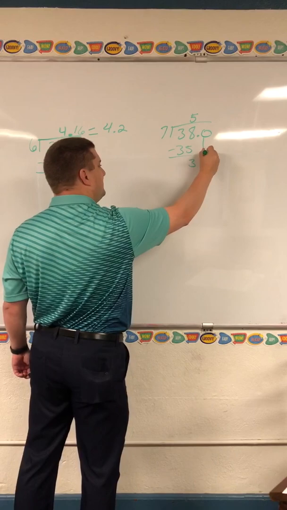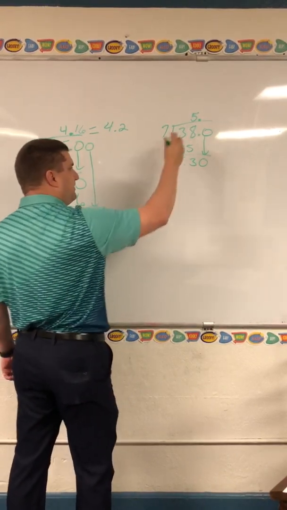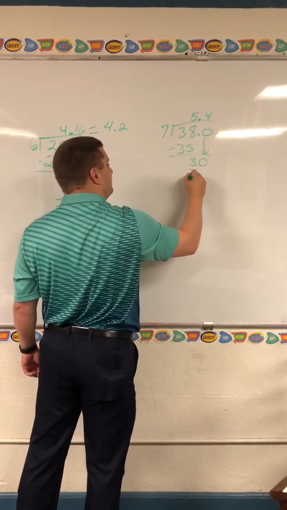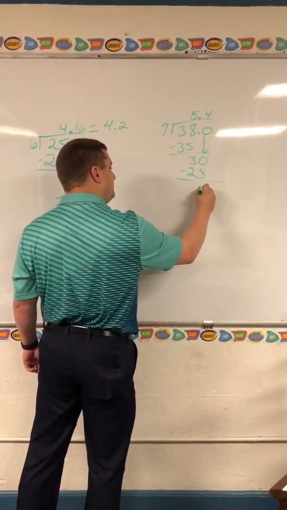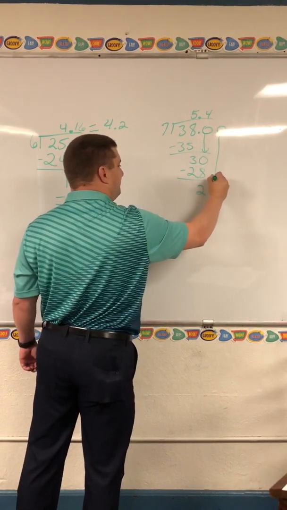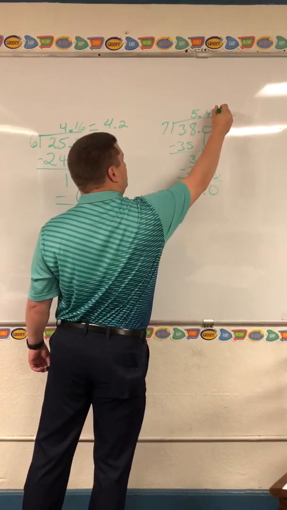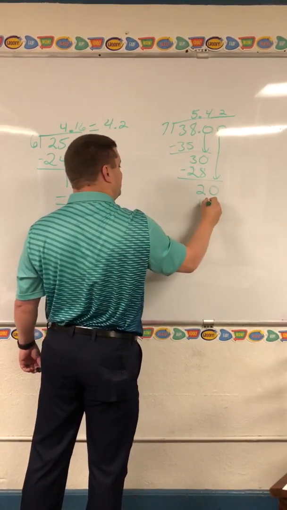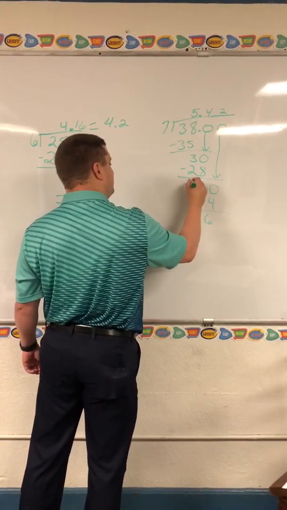Bring down the 0. Go ahead and put your decimal in your quotient. 7 into 30 goes 4 times. 4 times 7 is 28. 30 minus 28 is 2. Okay, add another 0. 7 into 20 goes 2 times. That's 14. 20 minus 14 equals 6.